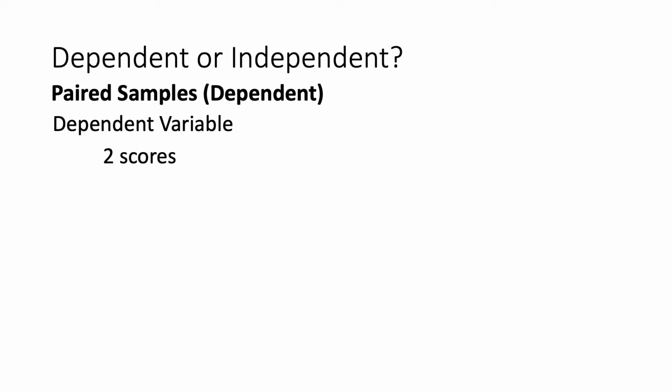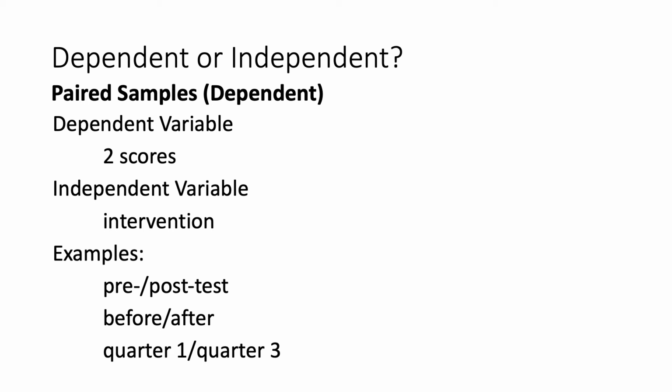So let's stop and think about all of this then. When we're doing paired samples, our dependent variable has 2 scores. We've got an independent variable that's the intervention that we did. And examples of that are pre and post test, a before and after, maybe grades from quarter 1 to quarter 3.